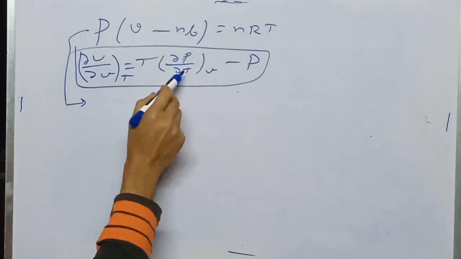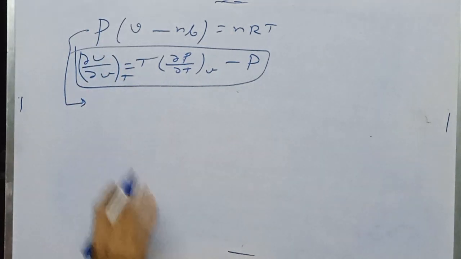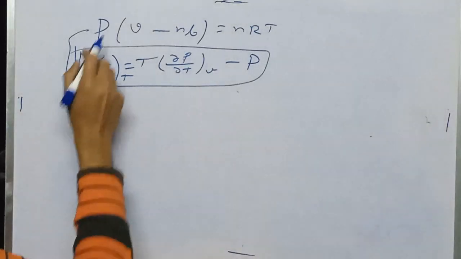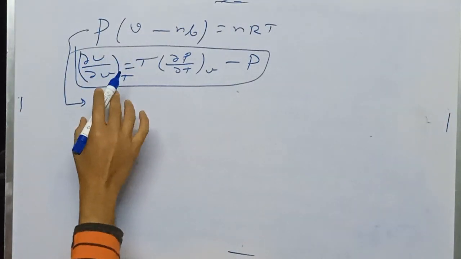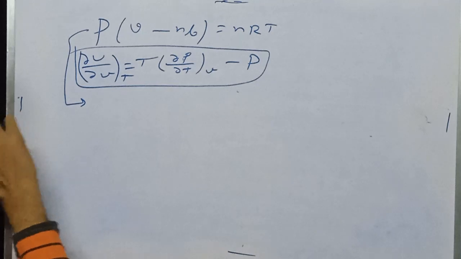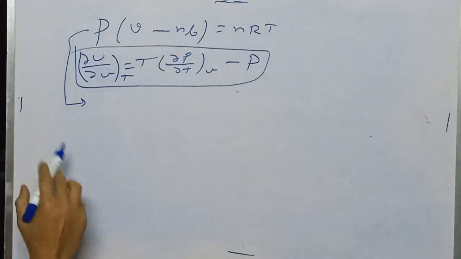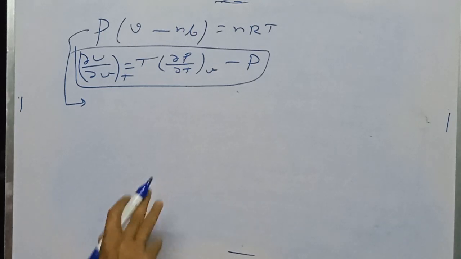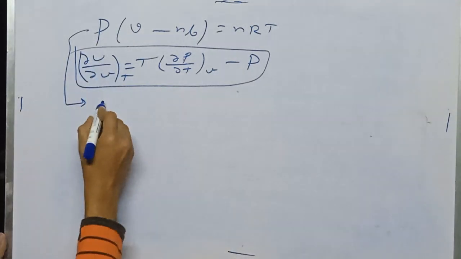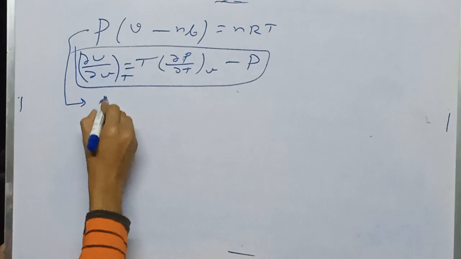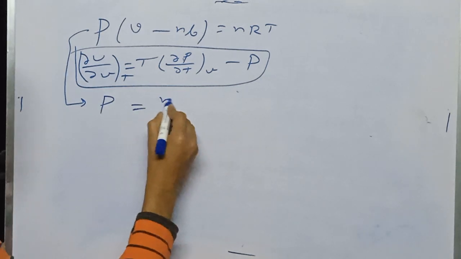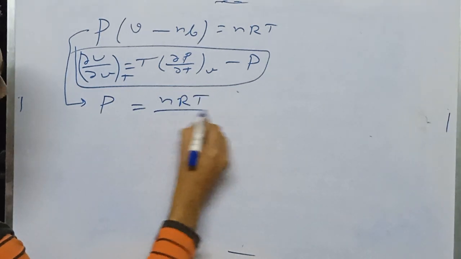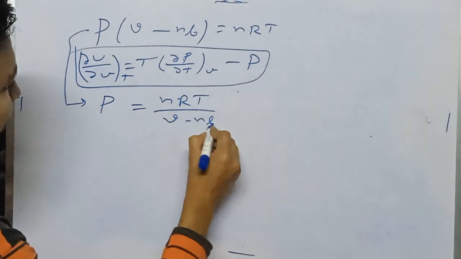As del P del T V is required, only pressure related terms are kept in the left hand side and the rest are at the right hand side. Then here P is equal to nRT by V minus nb.